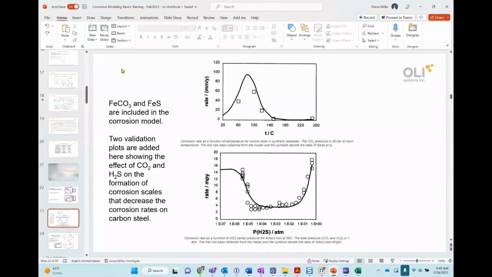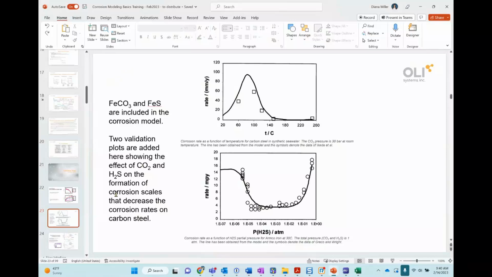So I wanted to know if this factor that you are using to model this is also available at higher temperatures. What is a high temperature for you? Above what? 180, 200 Celsius.